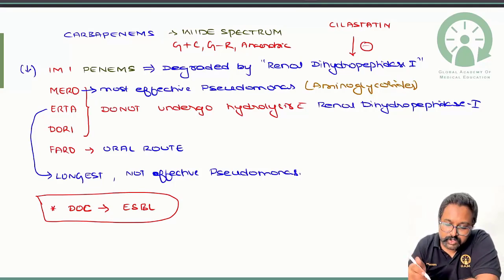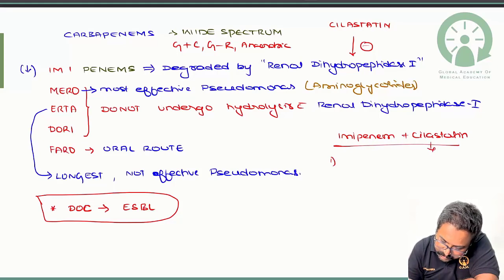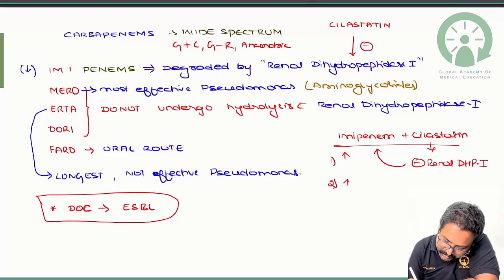Which is the most common side effect caused by imipenem? Imipenem, when combined with cilastatin, has the advantage that cilastatin will inhibit the renal dihydropeptidase 1 activity. Thereby what happens? It increases the imipenem concentration, and at the same time it increases the risk of seizures.